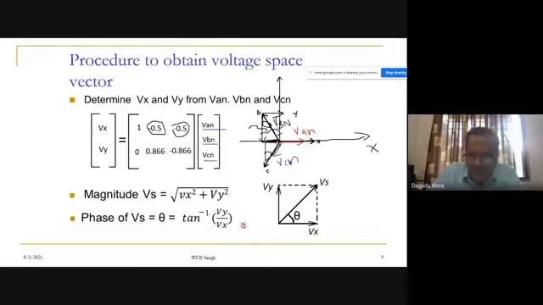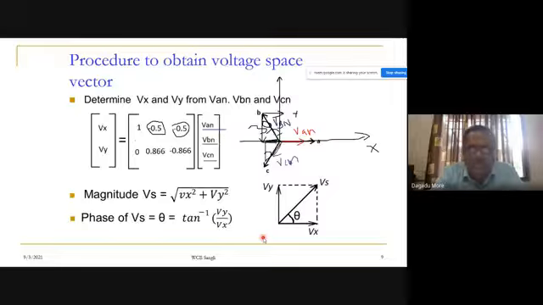If both Vx and Vy are negative, 180 to 270. If Vx is positive but Vy is negative, it will be 270 to 360. So the angle theta may vary from 0 to 360, any value depending upon the values of VAN, VBN, VCN. And the values of VAN, VBN, VCN depend upon the switching state. So for each switching state, we can find out the magnitude of the space vector and the angle of the space vector. Is it clear?